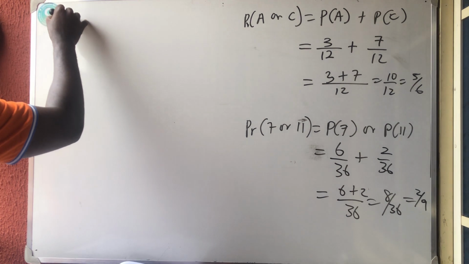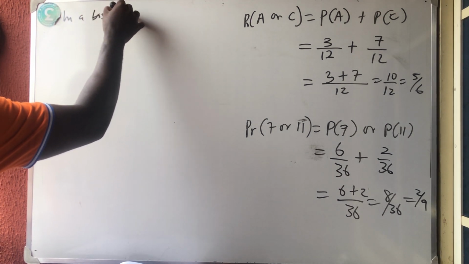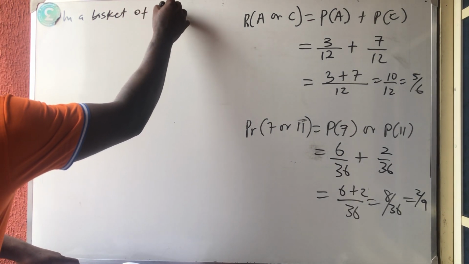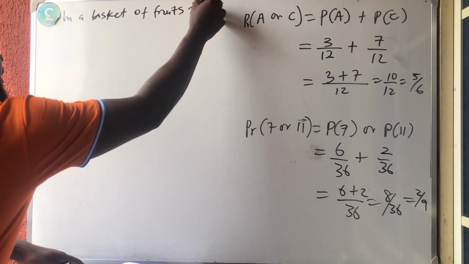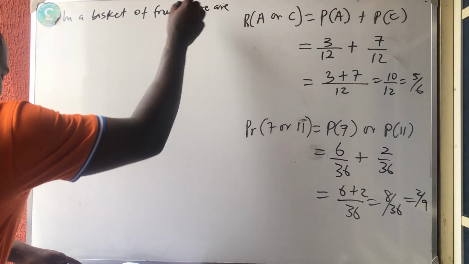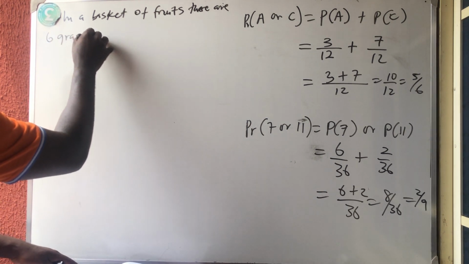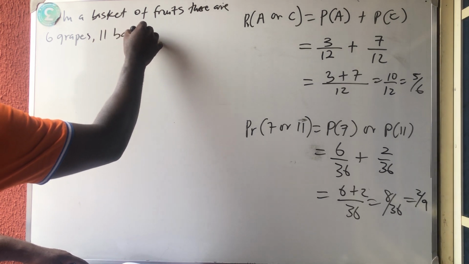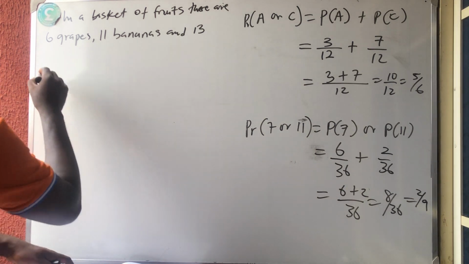The next one, in a basket of fruits, there are 6 grapes, 11 bananas, and 13 oranges.